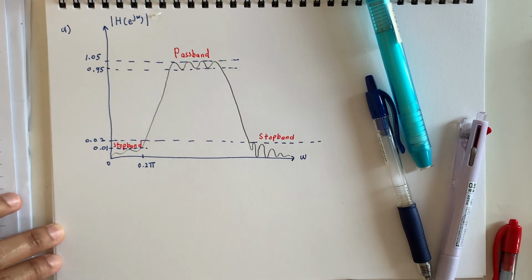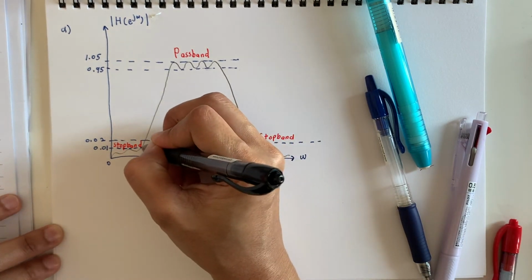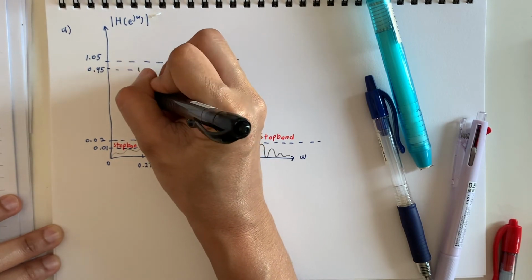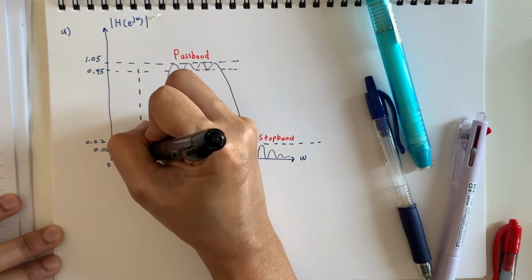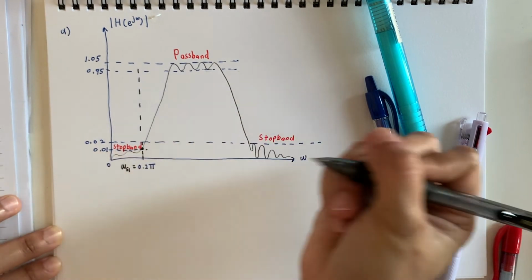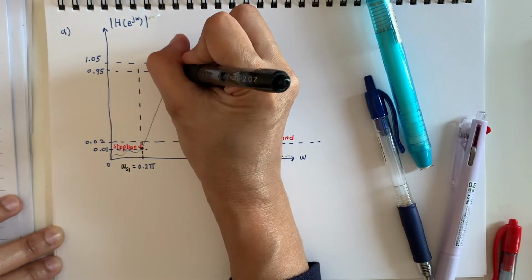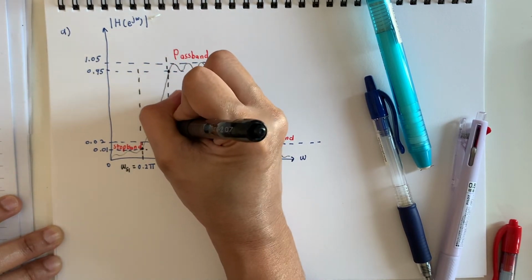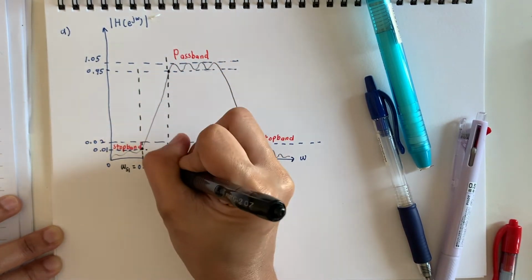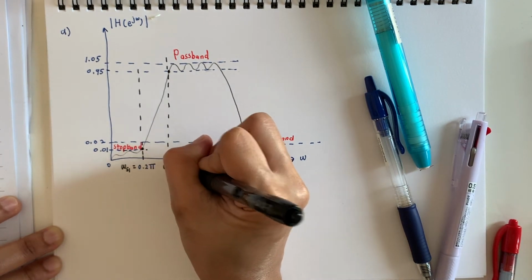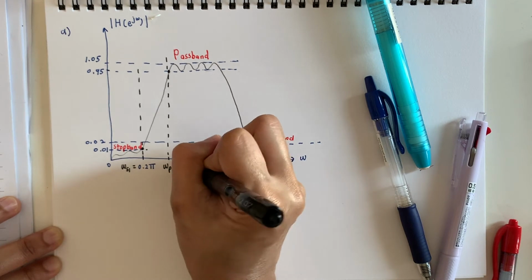Our first omega S value is 0.2 pi. Next, our first passband value, omega P1, is 0.3 pi.